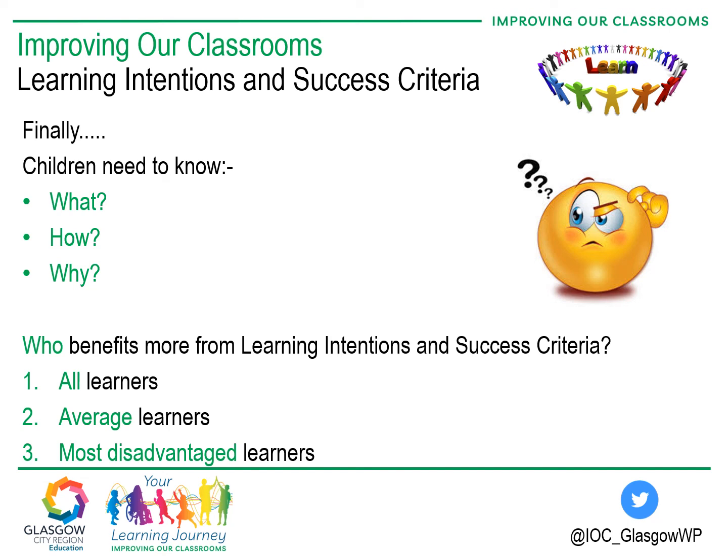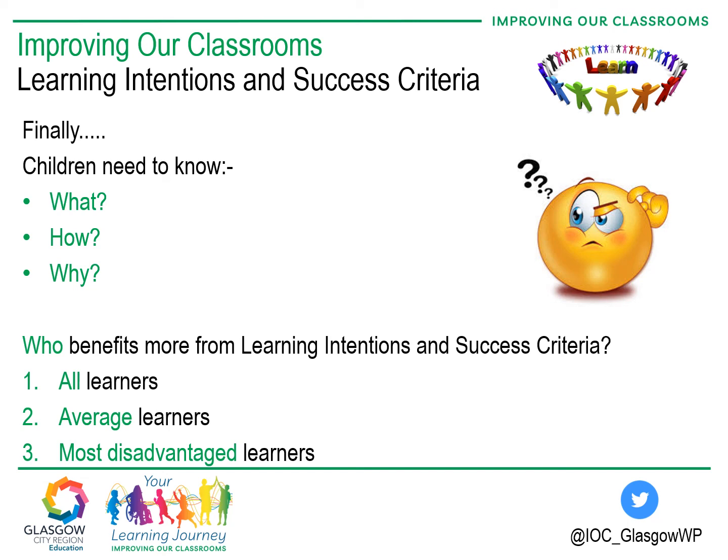And a final thought that we'll pick up as part of our post-webinar discussion is around a study that was done by Dylan Wiliam around the effectiveness of learning intentions and success criteria. And we link this back to the theme that we've kept a hold of about what works for all children, all learners, and what works particularly well for those children who are facing multiple barriers to their learning.